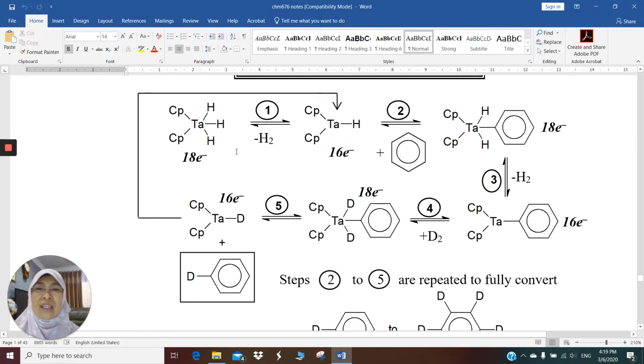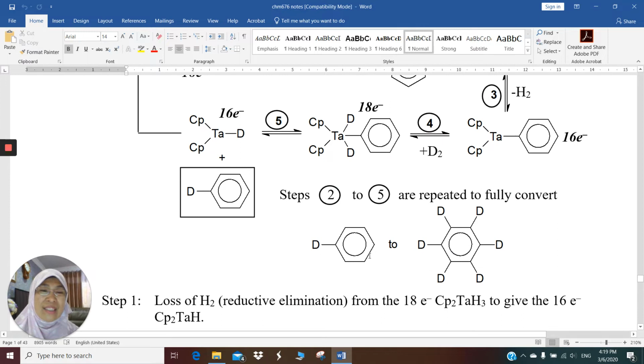The reaction will happen 5 times, until all of these hydrogens are replaced with deuterium. So that is what Dr. Nizam had gone through with you.